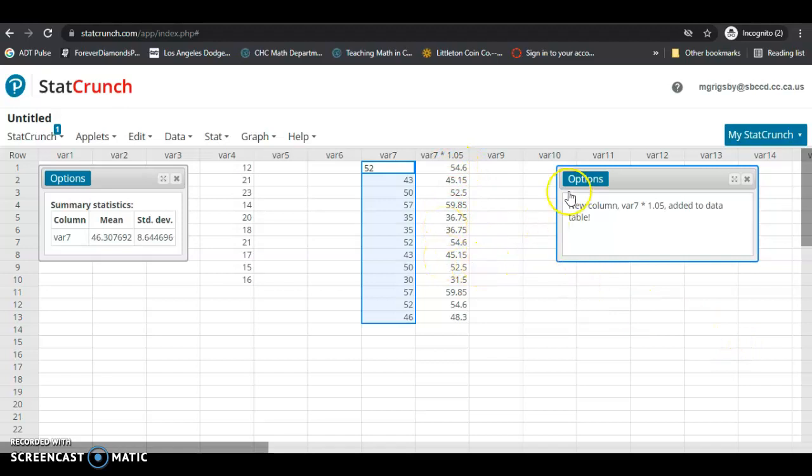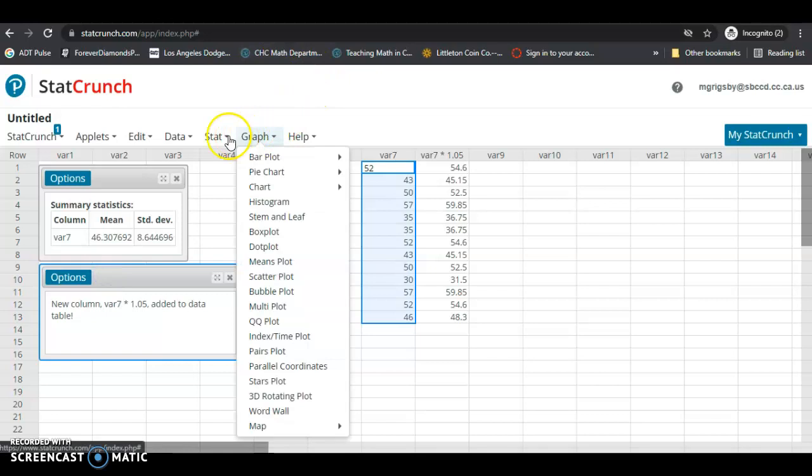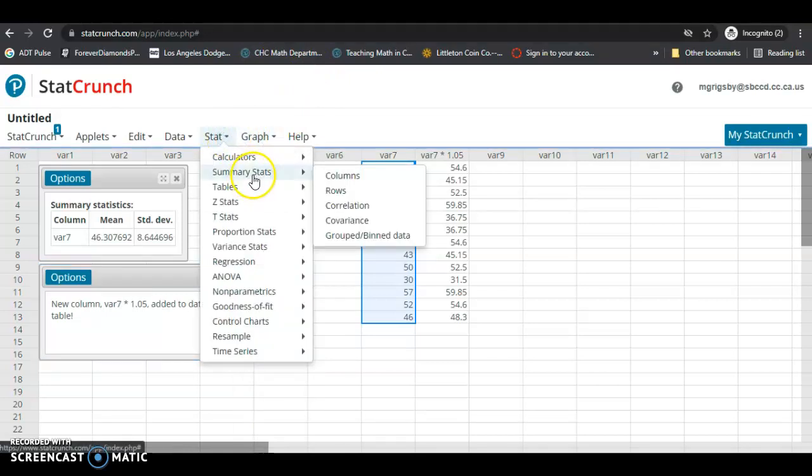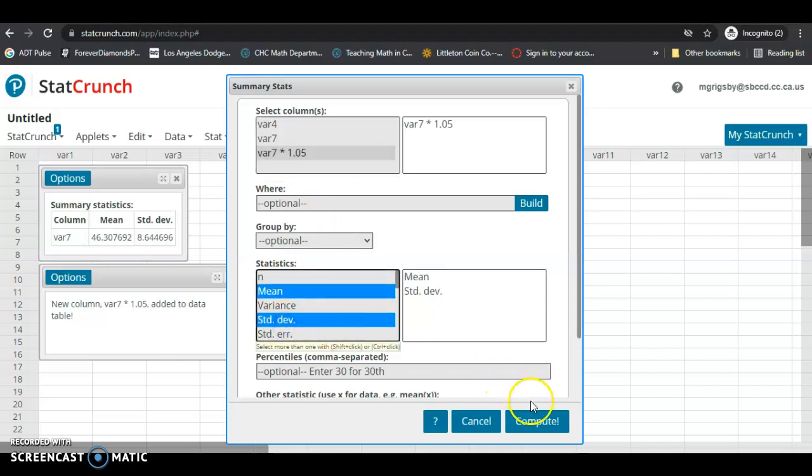What we want to do with that is find the mean and standard deviation. So we're going to go to Stat, Summary Stats, select the columns. The column that contains the employees' new salaries is that column, and we want the mean and standard deviation.